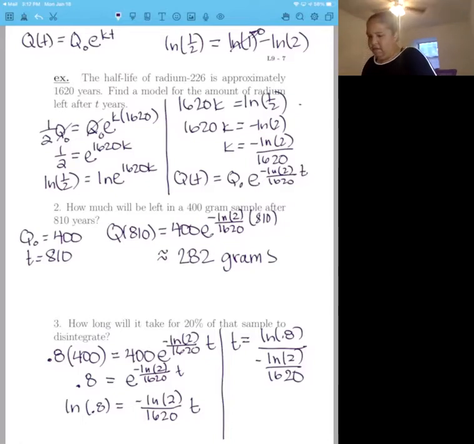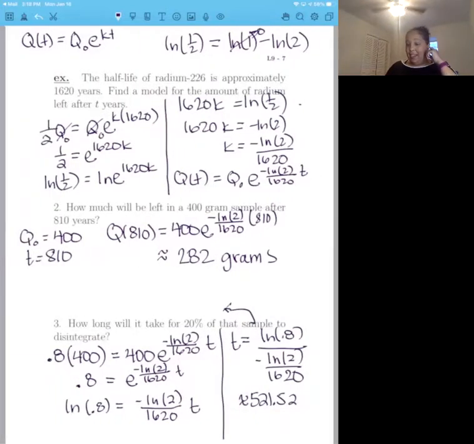And I'm getting 521.52 years. So approximately 521.52 years. It may have been easier to do this if you multiplied by the reciprocal, but either way, it should work.